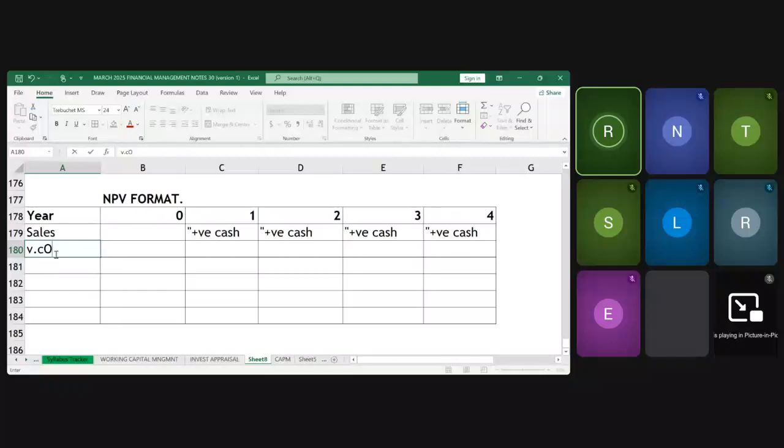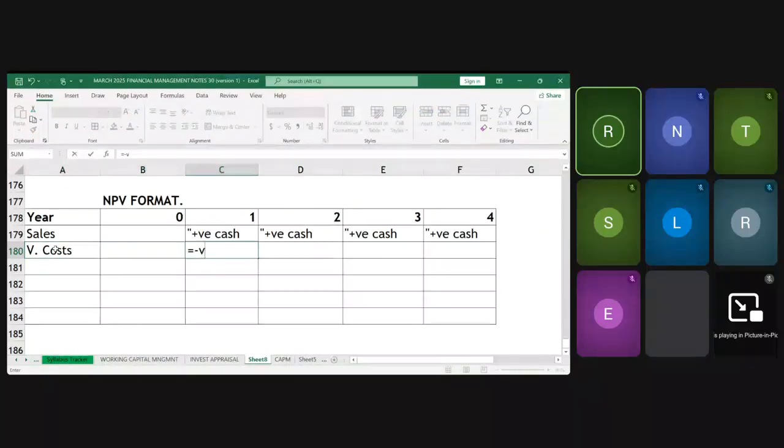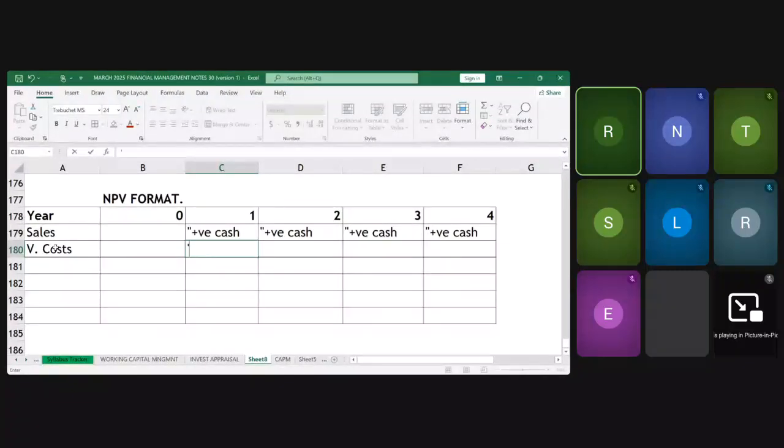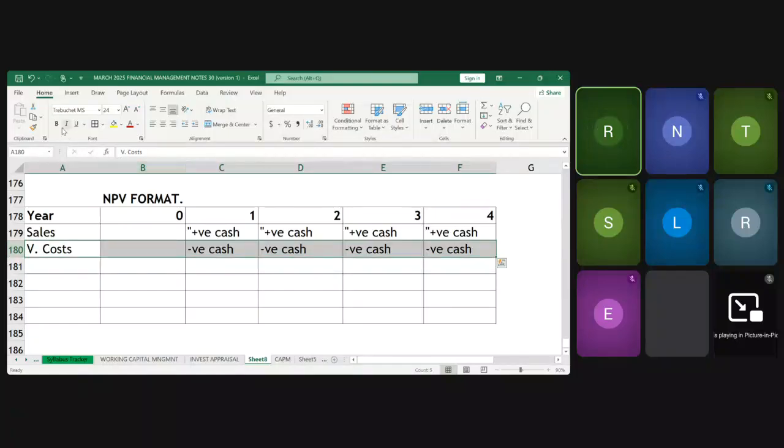Our variable costs are going to be negative cash, negative cash, negative cash, because it is an expense.